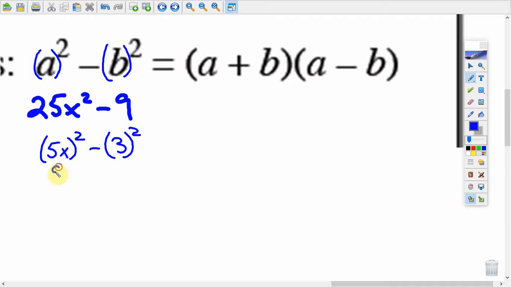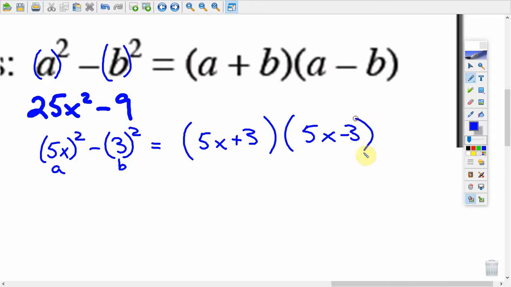So then my a would be 5x, my b would be 3, and I can just follow this format. So a plus b would be 5x plus 3, a minus b would be 5x minus 3. That would be the factored form.